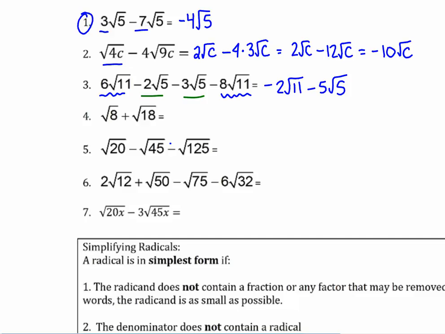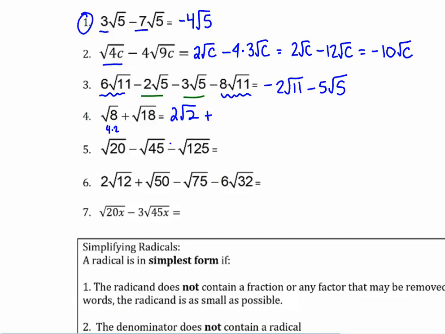So if they're not the same radicand, what do we do? Simplify. Can you simplify 8? What perfect square will go into 8? 4, so 4 times 2. So what would that equal? Square root of 4 is 2, 2 root 2, plus 18. Is there a perfect square that goes into 18?